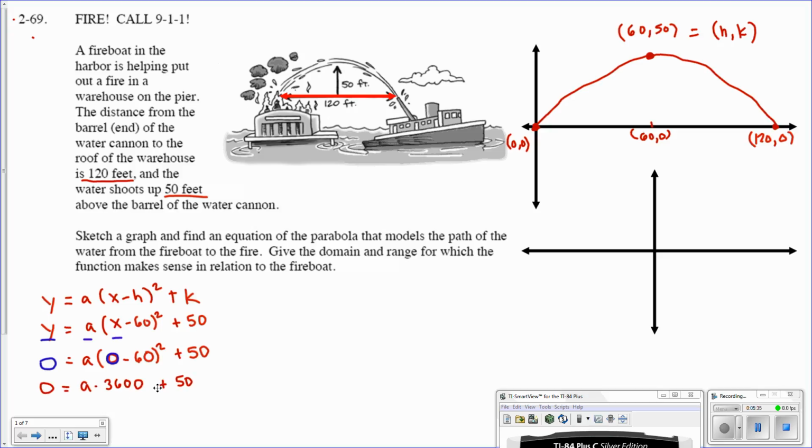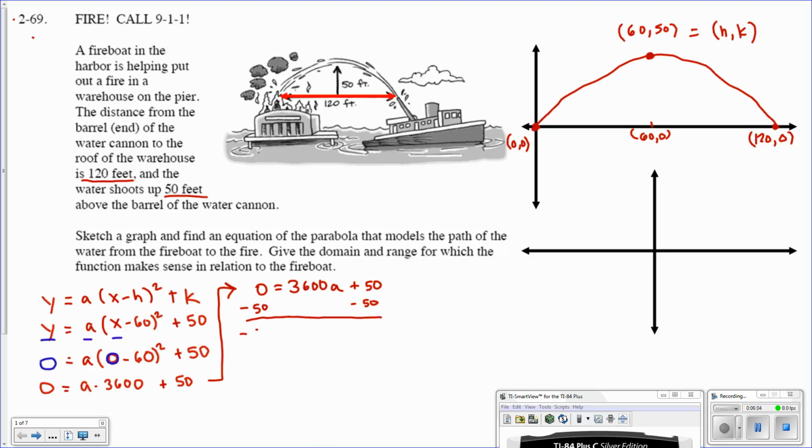So our next step here, I'm going to rewrite this because this is a common place where people make errors. They want to add 50 to 3,600. This statement is the exact same thing as saying 0 equals 3,600 times a plus 50. Let's subtract 50 from each side.